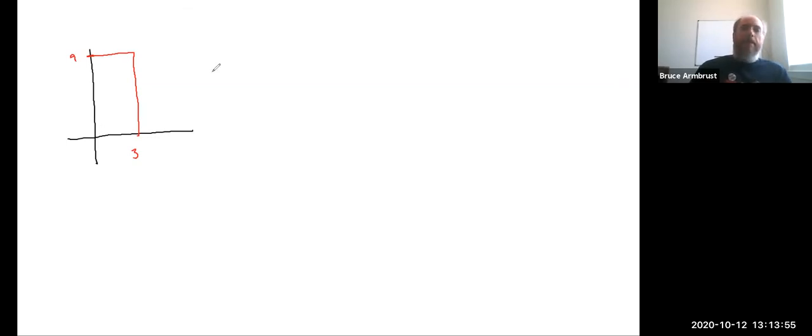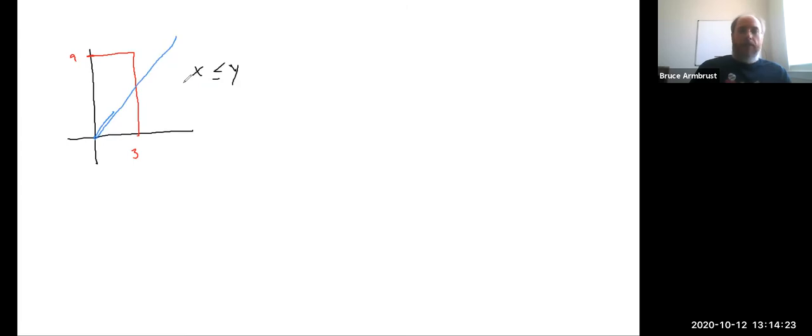Now, here's what we do know. We want our y's to be bigger than or equal to x, right? So we're asking, what's the likelihood that if we randomly pick things in here, y is going to be greater than x? Well, you all know the line y equals x. Looks something like that, right?